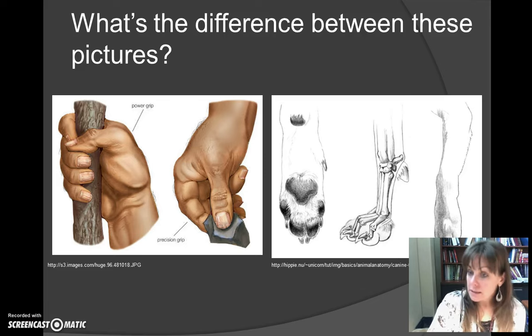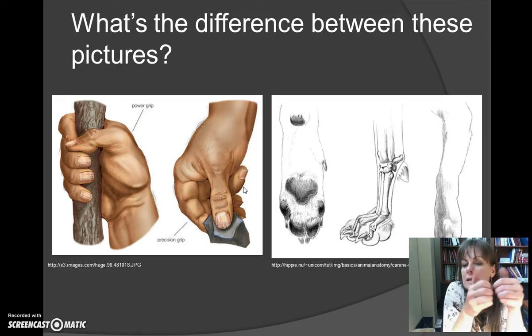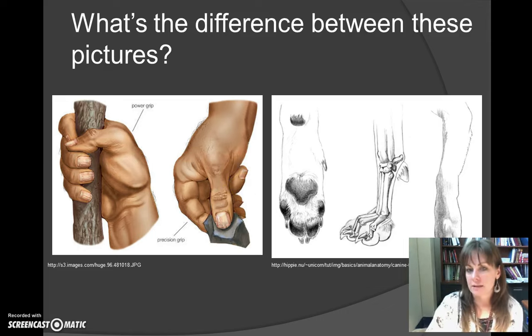So this thumb gives us functions as humans that dogs don't have. For example, we can grip objects, we can make tools, we can sit there and text, and last I've checked, I've never seen my dog texting. Just not able to, because the dog does not have the structures to give it the function.